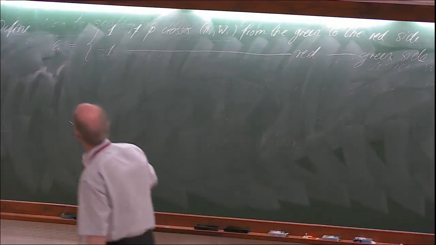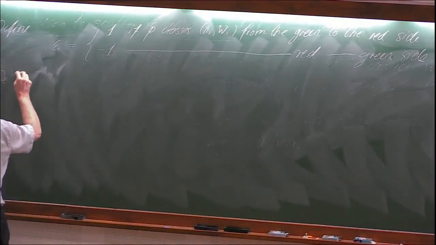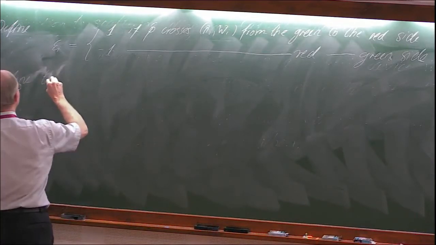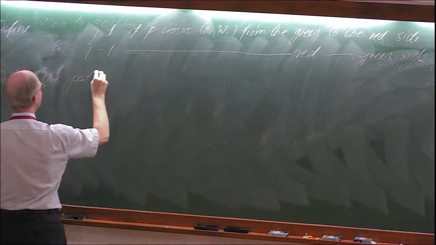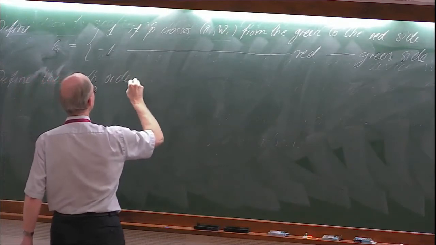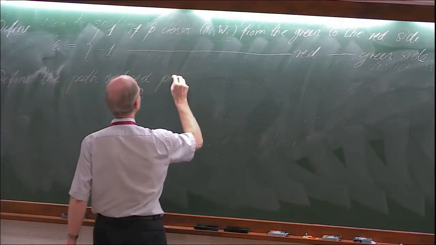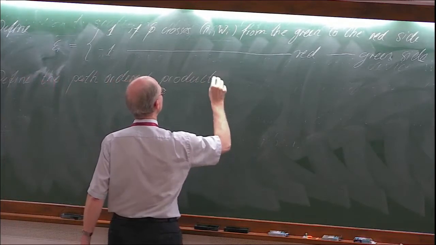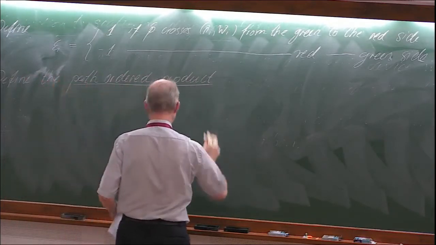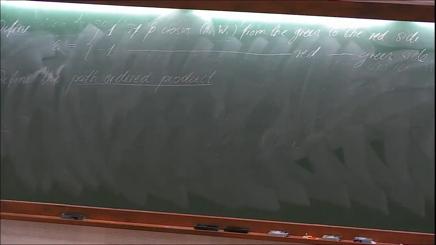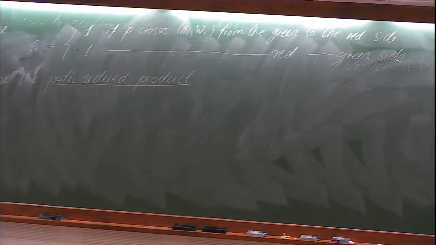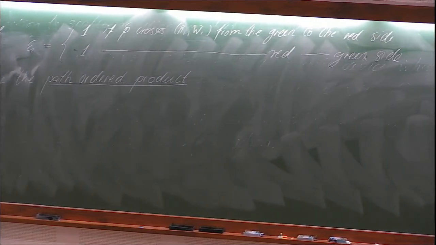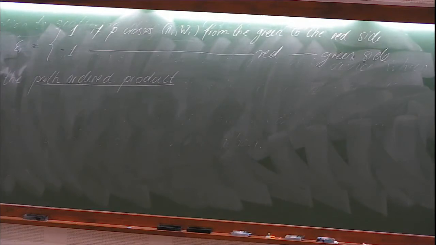We define the path-ordered product associated with P. Well, it's just the composition of the automorphisms associated with these walls, where we take the automorphism if the sign is positive and its inverse if the sign is negative.